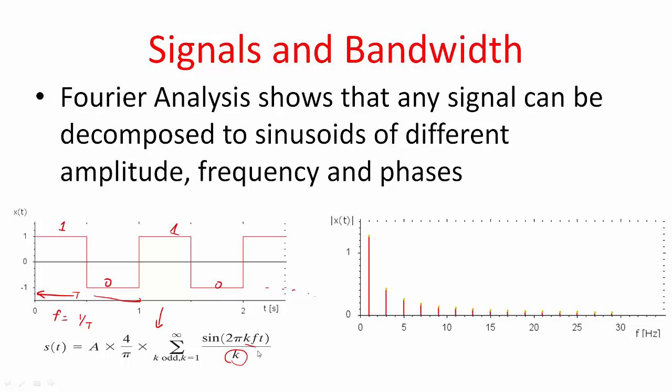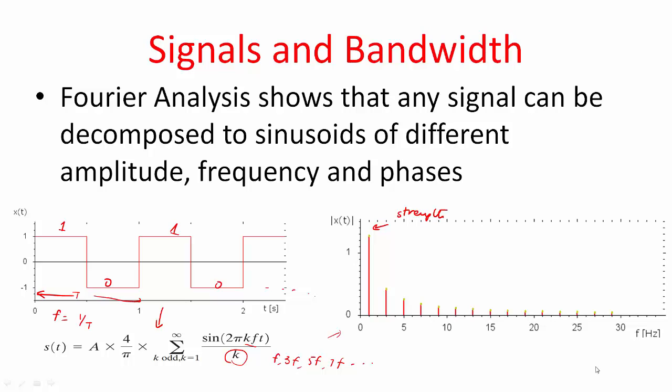If you see here, since k is odd, the sine terms that are present correspond to f, 3f, 5f, 7f, and so on. So that is what is being represented here. So you have terms only at the odd frequencies. So this frequency domain representation also captures the strength of the frequencies.